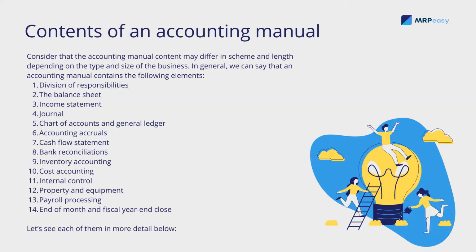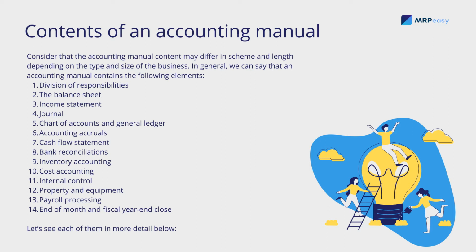Consider that the accounting manual content may differ in scheme and length depending on the type and size of the business. In general, we can say that an accounting manual contains the following elements. 1. Division of responsibilities. 2. The balance sheet. 3. Income statement. 4. Journal. 5. Chart of accounts and general ledger. 6.